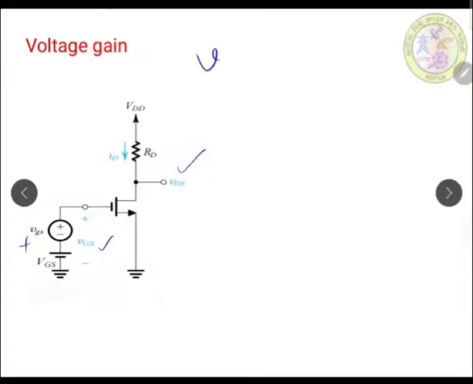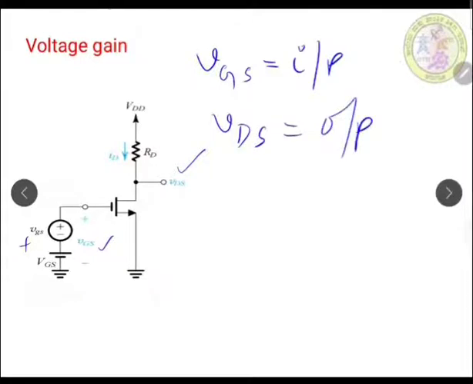Similarly at the drain terminal we have vDS, which also represents the instantaneous output. This vDS is the result of both, in the sense it includes both the DC conditions plus the instantaneous signal superimposed on that.